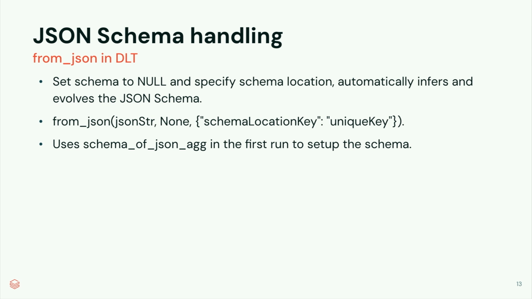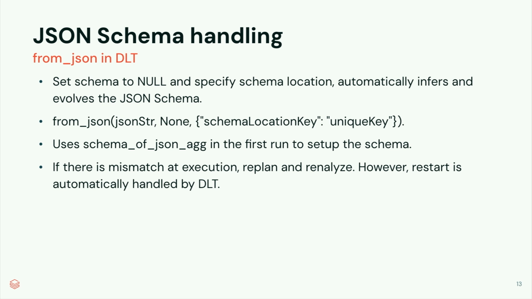It gets all the fields, writes it to that location, and restarts the pipeline. After the restart, it's going to read your data with that schema. That's how it does the first step of automatic schema inference, right?